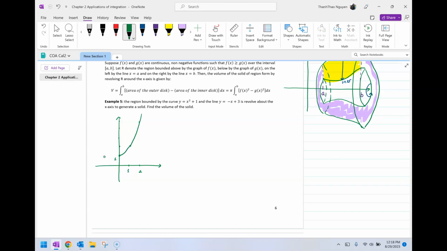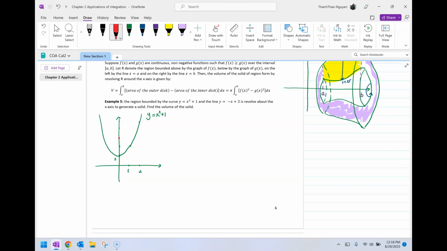So this is the graph of y equal x squared plus 1. The line negative x plus 3 is a decreasing line with the y-intercept at 3.